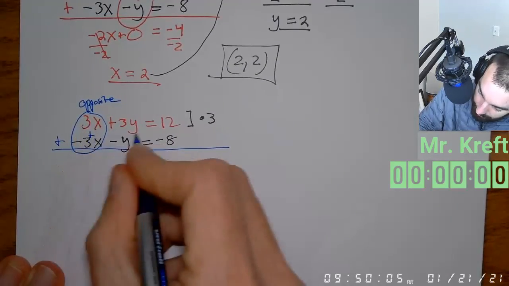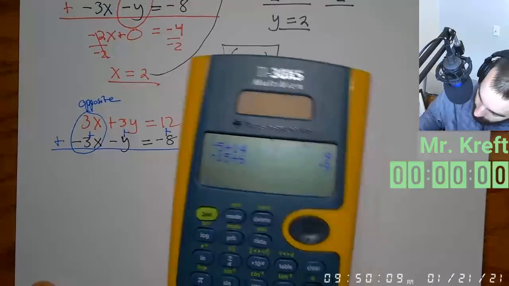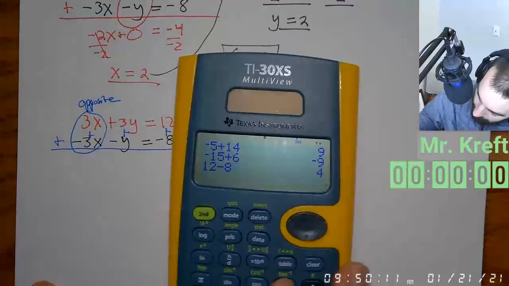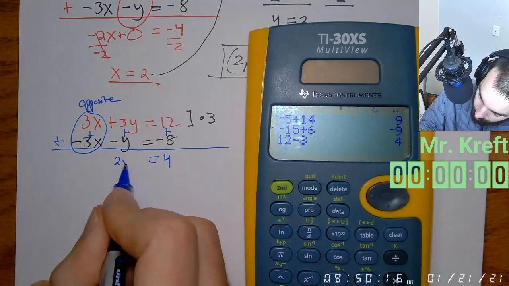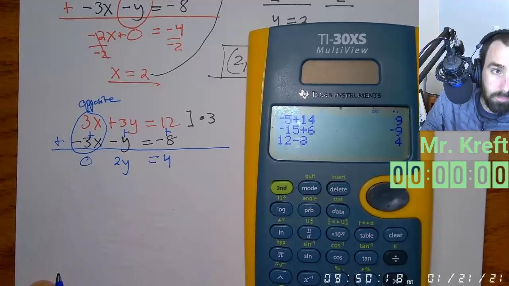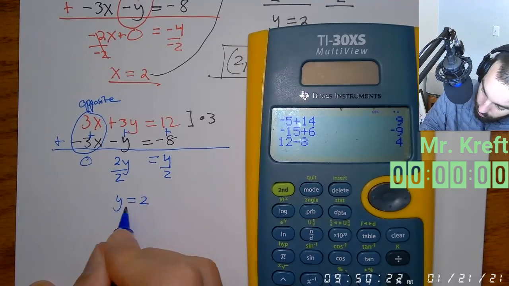So I'd get, if I add, 12 minus 8, so I'm going to get 4. 3 minus 1 is 2, and then this is 0. So I divide by 2, I get y equals 2.